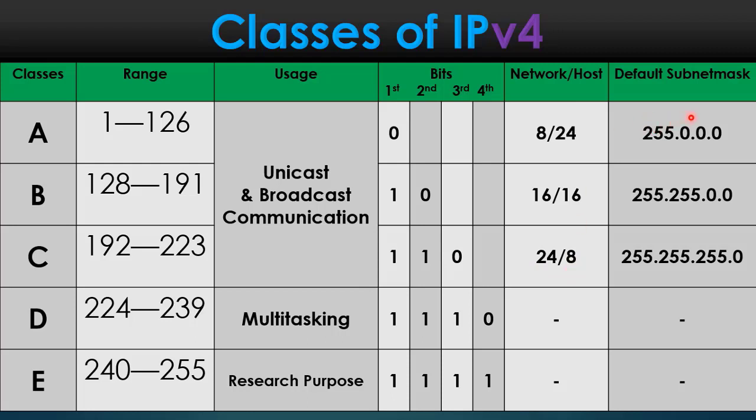Default subnet mask: the default subnet mask of class A is 255.0.0.0, class B is 255.255.0.0, class C is 255.255.255.0.